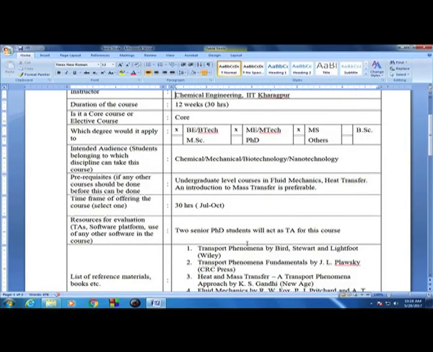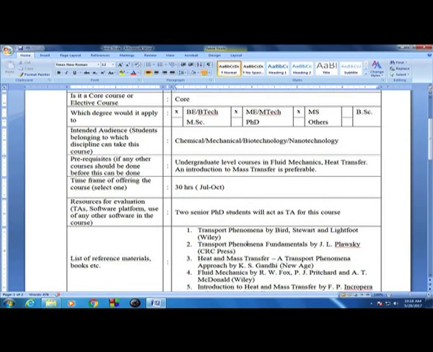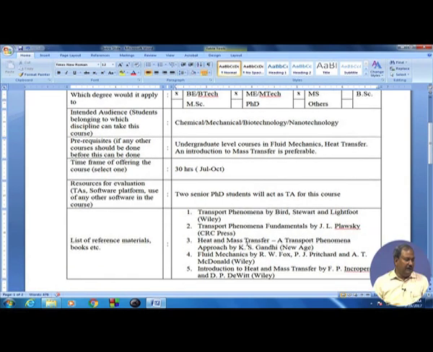So, this course is primarily designed for senior undergraduate students, final year undergraduate students, as well as it would be of relevance to master's students, MS and so on. And initially I have written down the disciplines in which this course would be relevant: chemical, mechanical, biotechnology and nanotechnology, but there would be several applications in other areas of engineering which would use the same concepts as I am going to cover in this course.